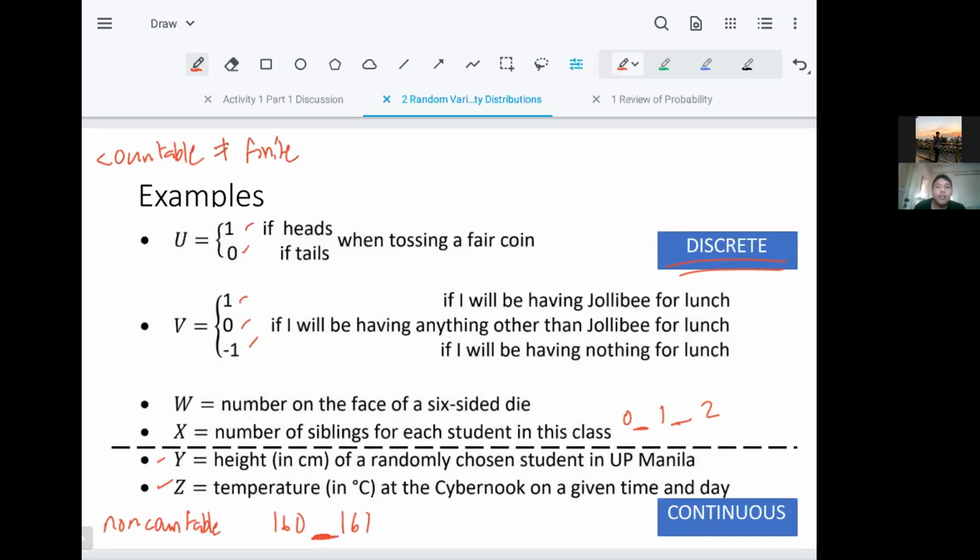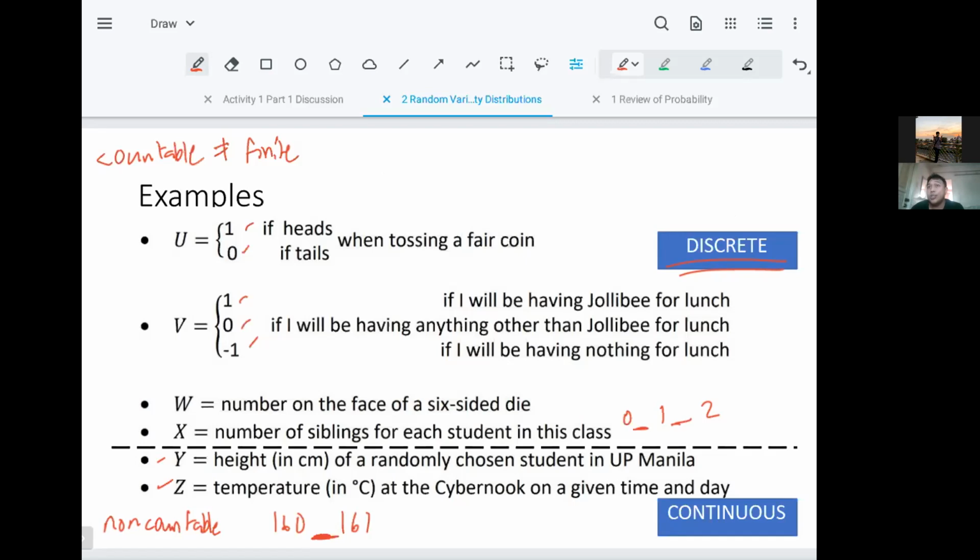So yeah. So discrete random variables are mostly counts. Parang pag nagbibilang tayo: number of siblings, number of electric fan sa bahay, number of rooms. Kadalasan ganoon, but not necessarily. Pwede kasi na let's say I have a random variable na ganito. Ano ba magandang example?